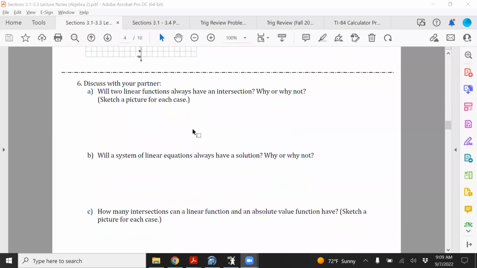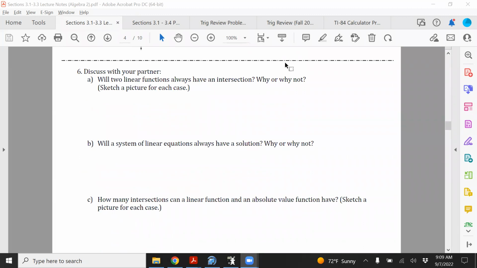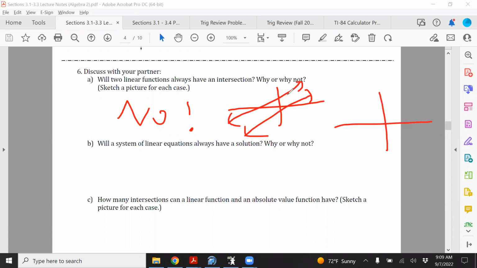Okay. Number 6. You don't have to discuss with a partner. We'll discuss as a class. Guys, quiet down, please. Thank you. So for number 6, will two linear functions always have an intersection? No, because you could have this, or you could have this. Now, will the system always have a solution?